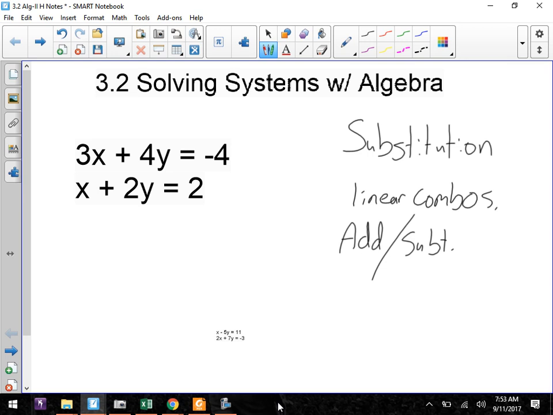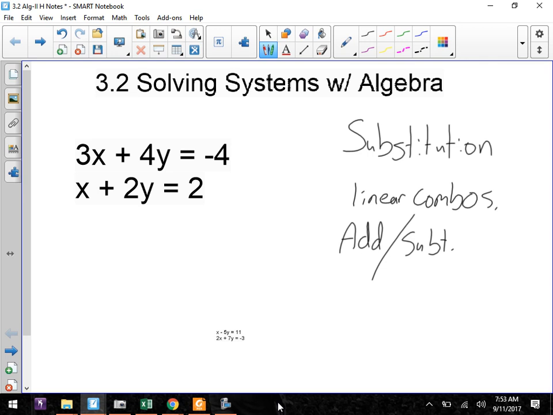Then I would use direct substitution. I would use linear combinations to get coefficients that are the same by multiplying by factors. I would use addition or subtraction if I have the same coefficient with opposite signs. And as we get into this stuff, you'll start to remember, oh yeah, I vaguely remember that from a couple years ago.